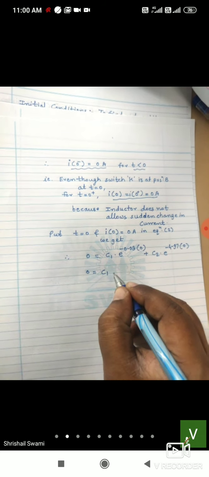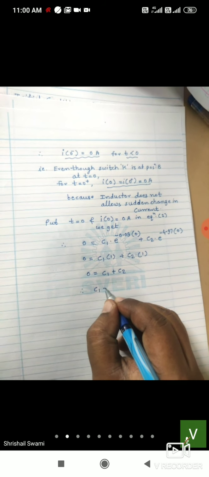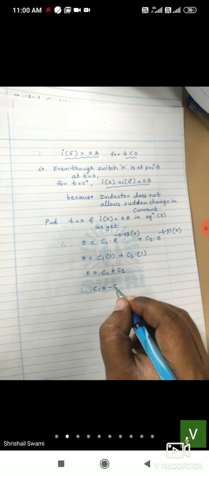So 0 is equal to C1 plus C2. So C1 is equal to minus C2. This is one answer you got.